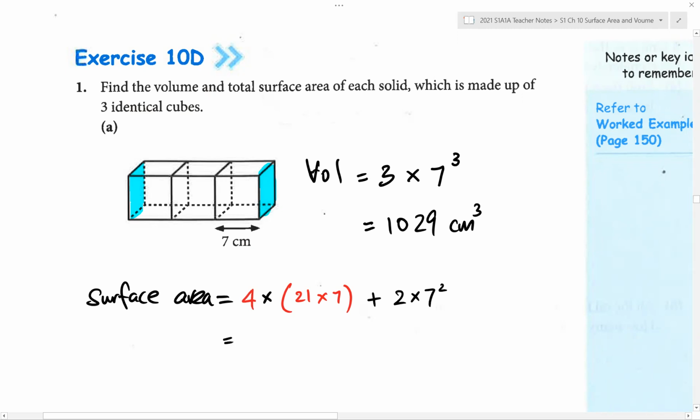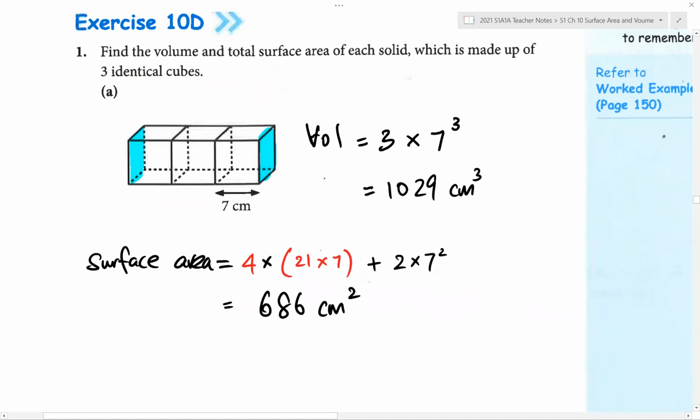So the total surface area in this case is 686. Take note of the units. Right or not? Right.